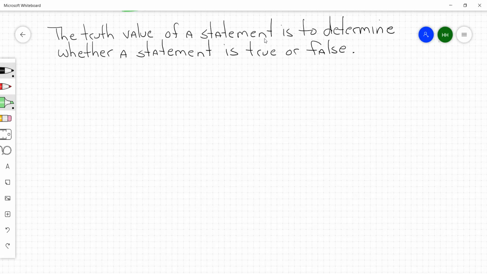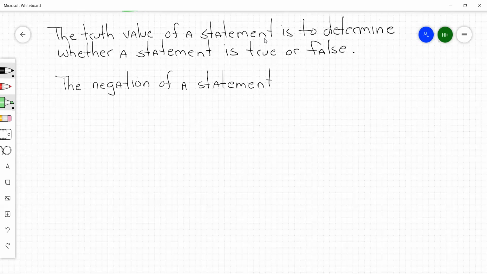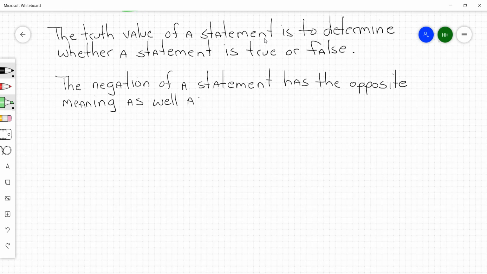The negation of a statement has the opposite meaning, as well as opposite truth value.